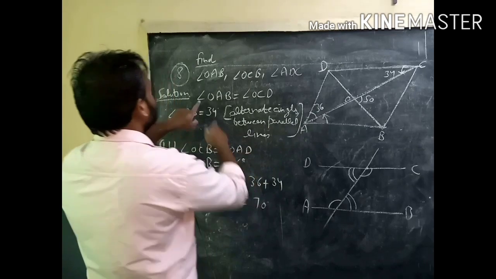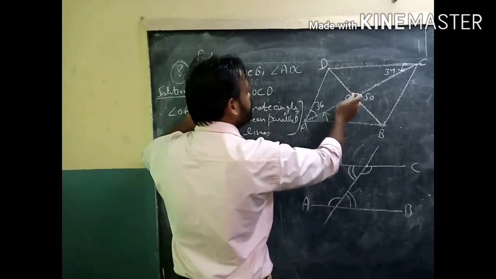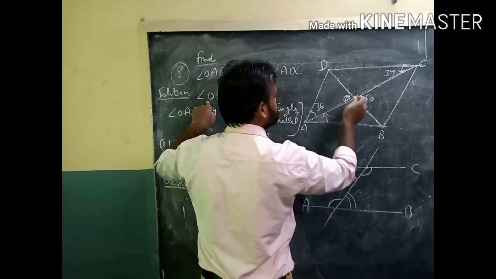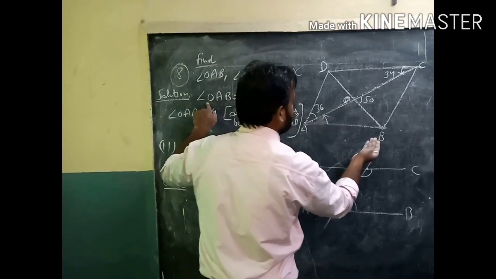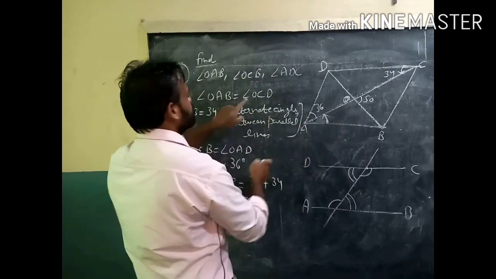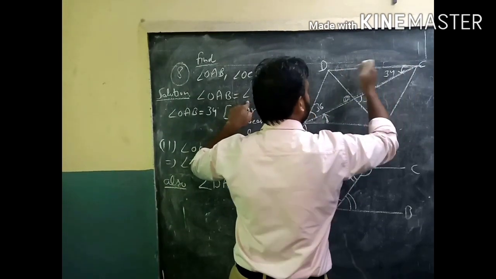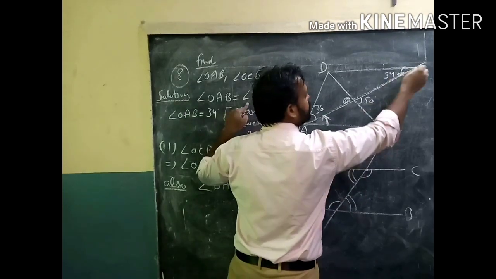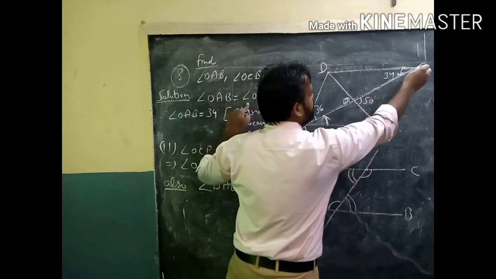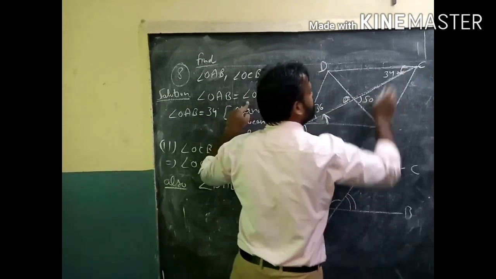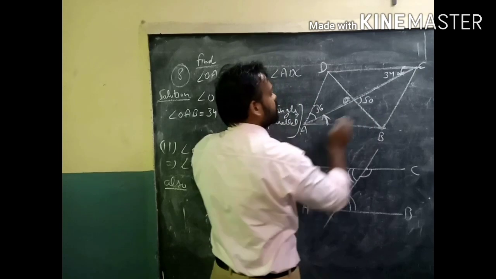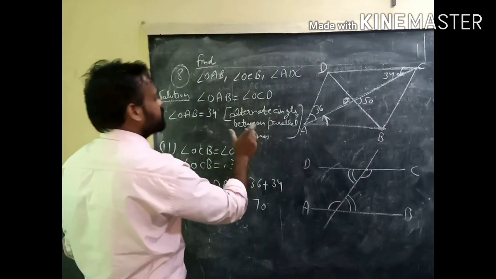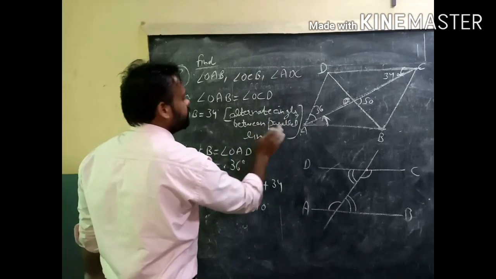Then you can see the angle OAB, which is the angle we have to find in the first case, will be equal to angle OCD, because these two lines are parallel and this transversal is cutting these two parallel lines at these two points. So I have also mentioned the reason here: alternate angles between parallel lines.